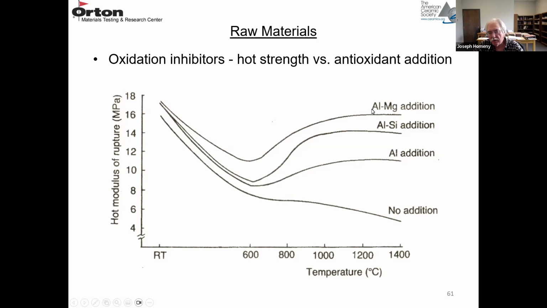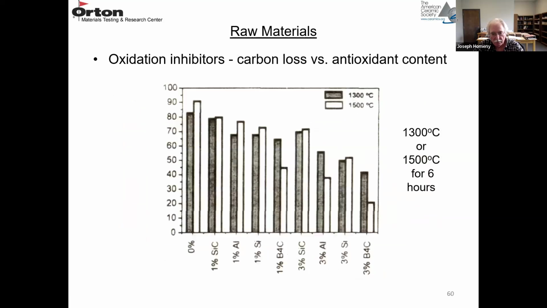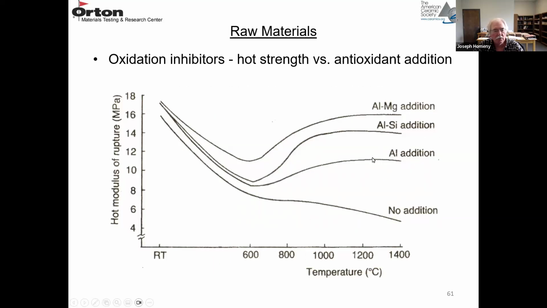So the best one here in this case was an aluminum magnesium addition, then an aluminum silicon addition, and then just aluminum. So I'm just trying to show that these additives, when they form their reaction products, whether it be an oxide or a carbide, are going to fill the pores and make the material stronger. So they improve the oxidation resistance, prevent carbon from oxidizing, and they improve the hot strength.